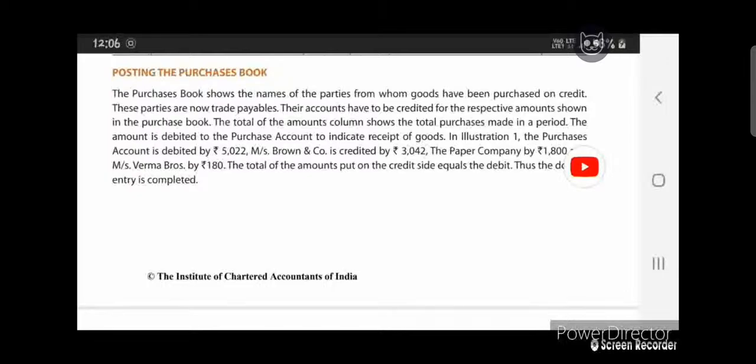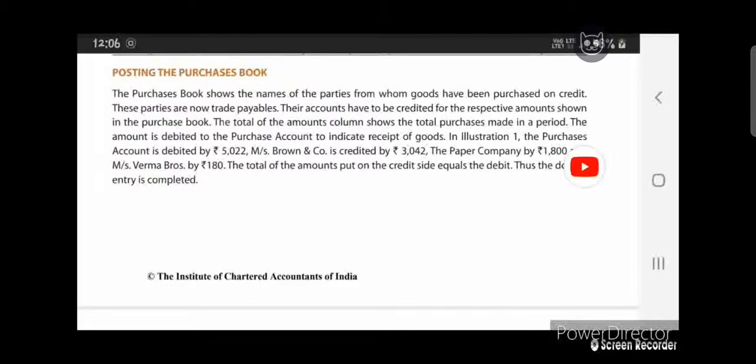And the total of the amount column shows the total purchases made in the period. The total of the amount column shows you the total purchases made in that period, whether 1 week, 1 month or 1 year. Next, the amount will be debited to the purchase account to indicate receipt of goods.